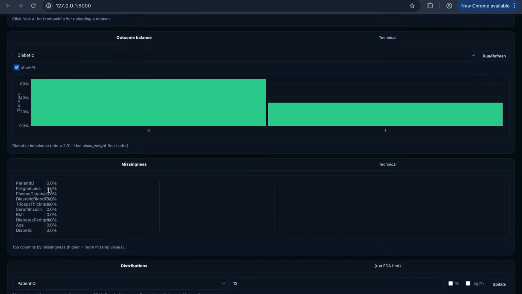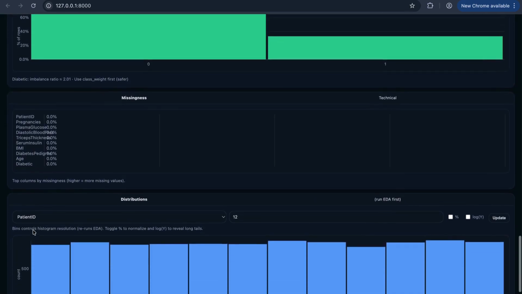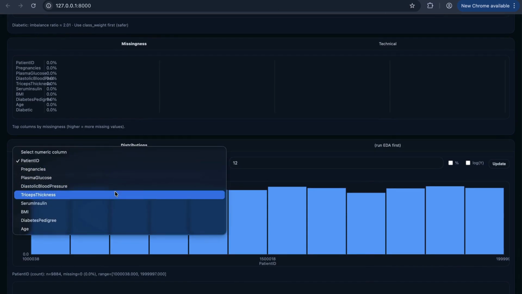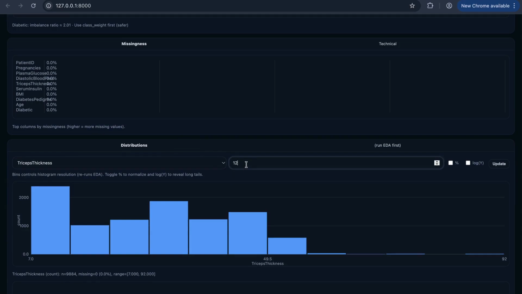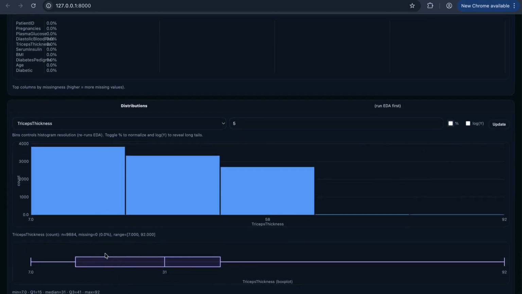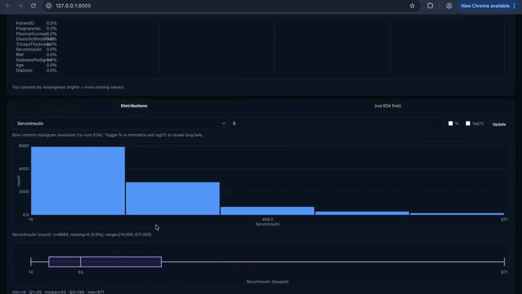We can also see the missingness in every feature, and the distribution for every variable, and we can change the bins. Also the Y column, and we can play with this. And we also have a box plot where we can see the distribution of our data.